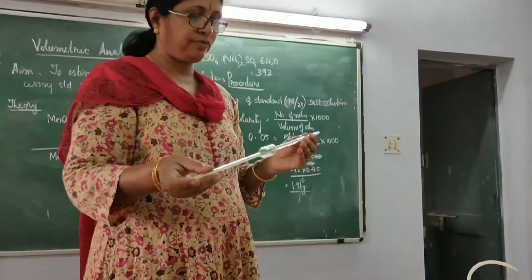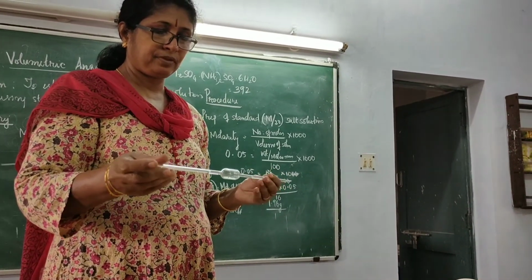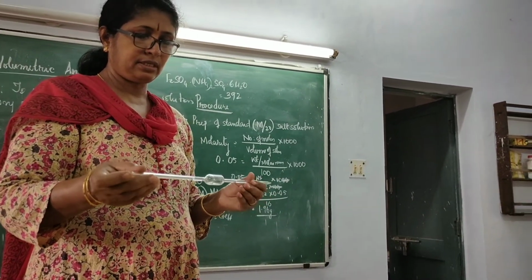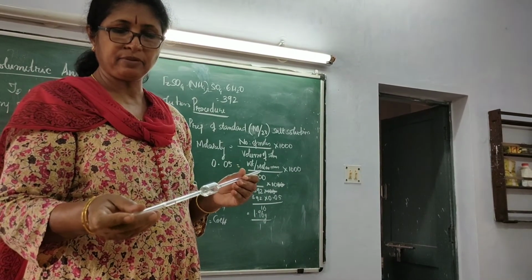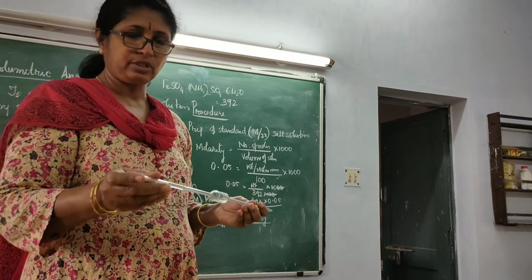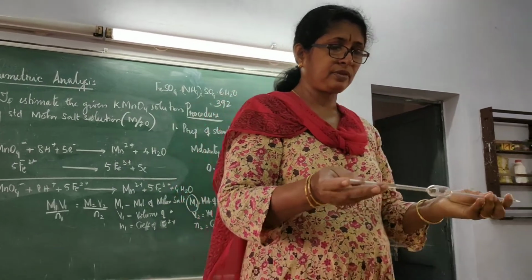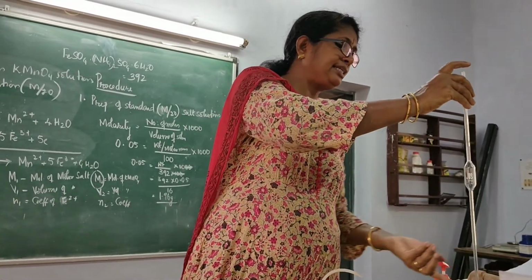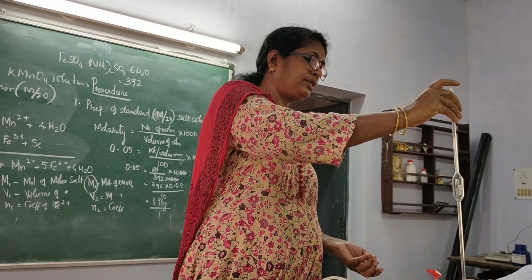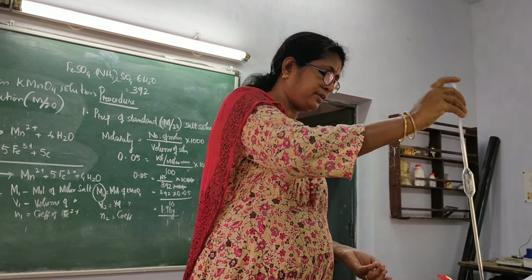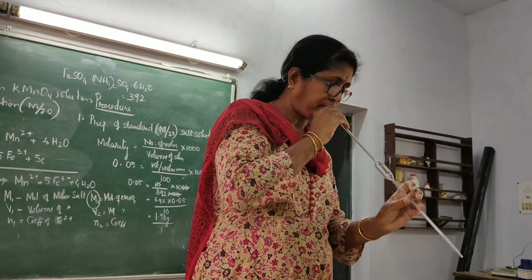Now we are going to wash it by rotating it everywhere. All the places in the pipette must be washed with this Mohr's salt solution, so that we remove all the water present in it. So this is rinsing. You rinse the pipette with the Mohr's salt solution. There. Now we will have to pipette out.